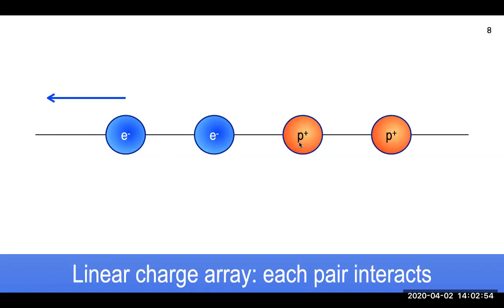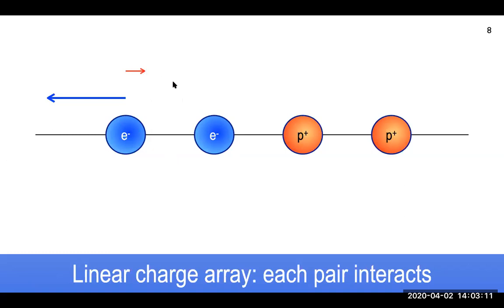But the proton here in position number 3, the second neighbor out, is going to attract the electron, so it's going to have some rightward newtons, but it's not going to be as big because it's further away.